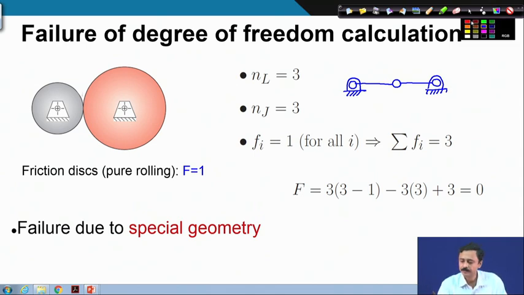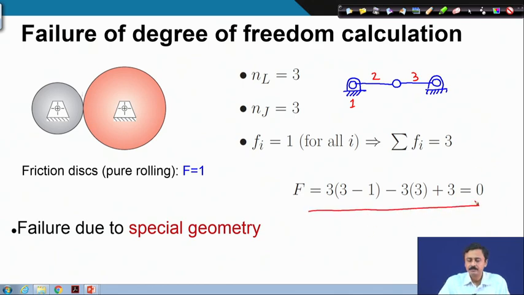Here ground is 1, 2, 3. So, here also we have 3 links and 3 kinematic pairs, and degree of freedom of individual is 1, therefore, the summation of degree of freedom is 3, and degree of freedom calculation for this chain is also 0, gives us 0, and we know that this is a structure.